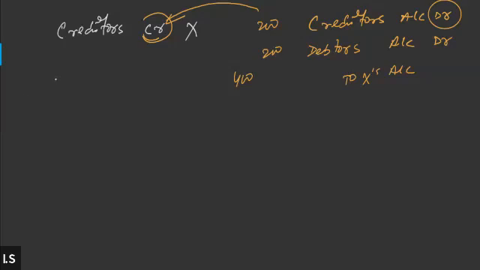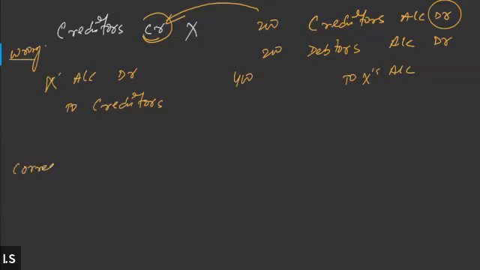So X account debit to creditors account. That is the wrong entry.